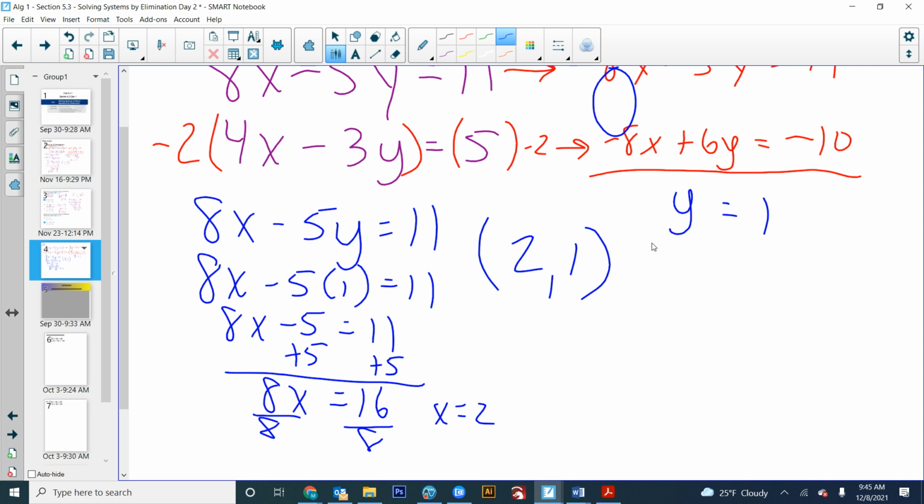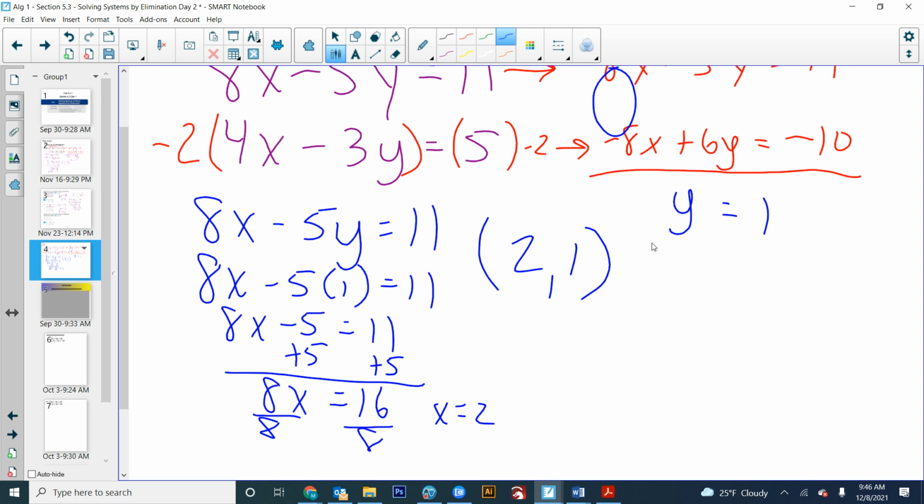Okay. The other one we did last night was like this. I'd have to do what? Multiply the bottom by what? Would it be -3 or 3? Mary, why would I do that?